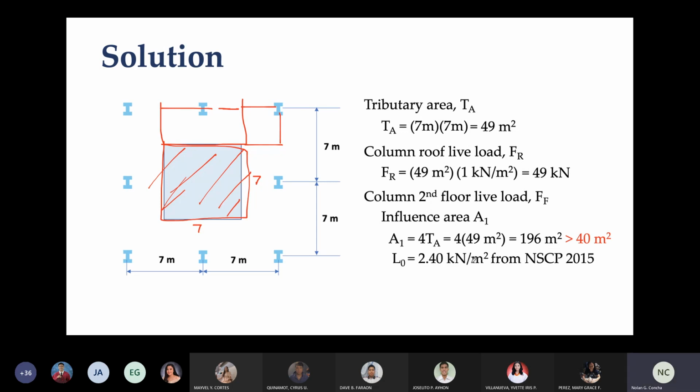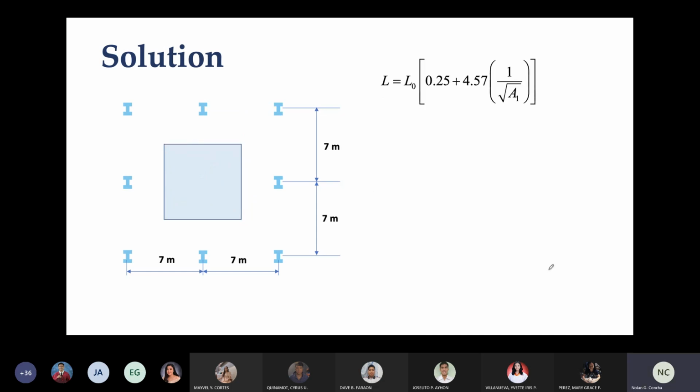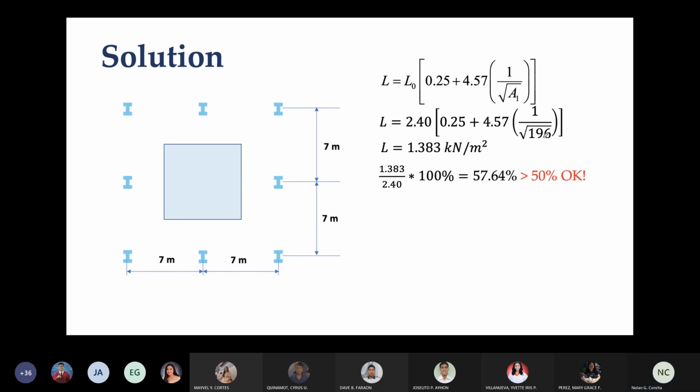And again, NSCP, that is 2.4 kilonewtons per square meter. And so what we have is, yung reduced live load is 2.4 times 0.25 plus 4.57 over the square root of the influence area na 196. Simplifying, you have 1.383 kilonewton per square meter. Yun yung reduced na live load.